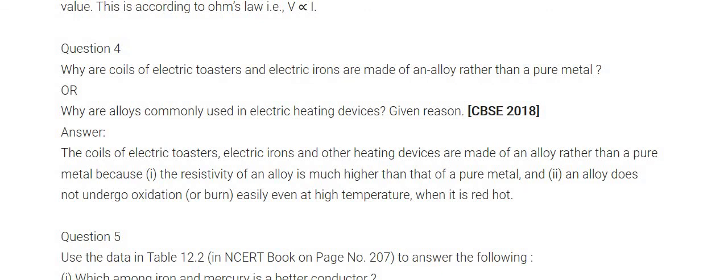The second reason is that an alloy does not oxidise or burn easily even at a high temperature, and even when it becomes red hot it does not melt. So these are the advantages of using an alloy in electric heating devices.